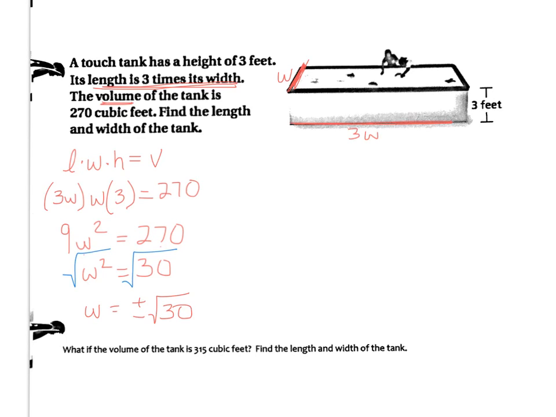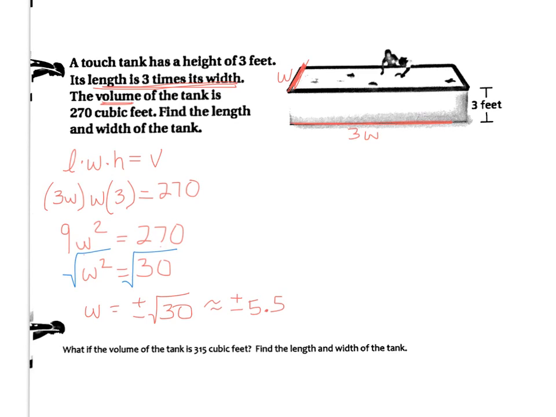So grab a calculator, type in square root of 30, and you'll see that it's approximately 5.5. So we have plus or minus 5.5. Okay, because the square root of 30, if you type that into your calculator, you'd see it's about 5.5.